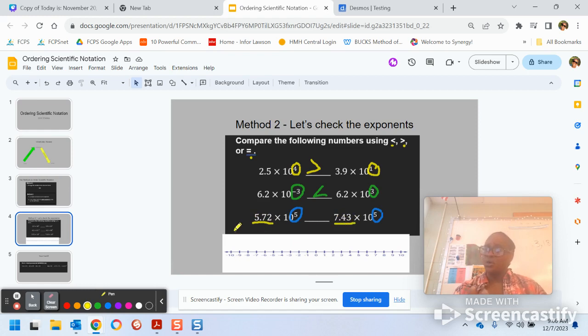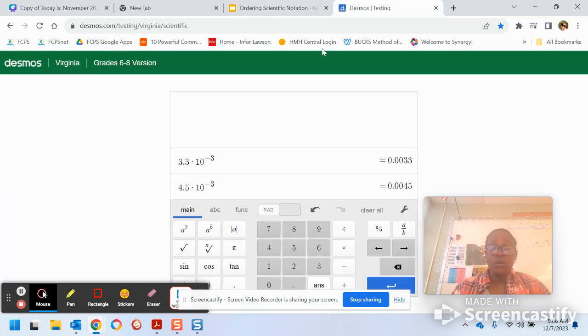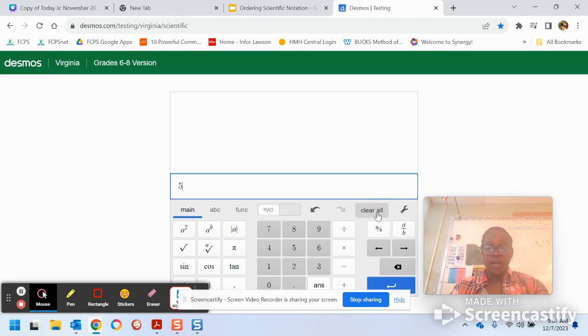If that doesn't quite resonate with you, let's figure out, we can go to Desmos and type it in. So if we were to do that, we have 5.72 times 10 to the fifth power. That's 572,000. And then the next one was 7.43 times 10 to the fifth power. 743,000.